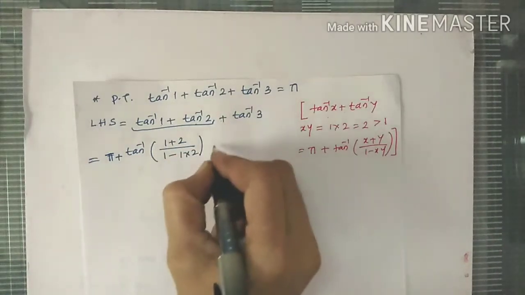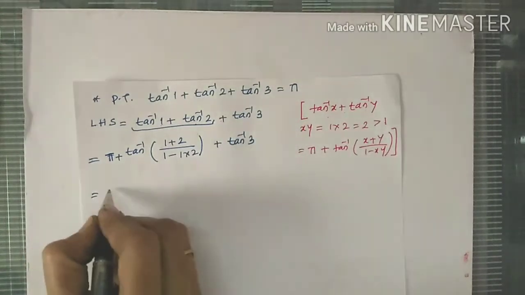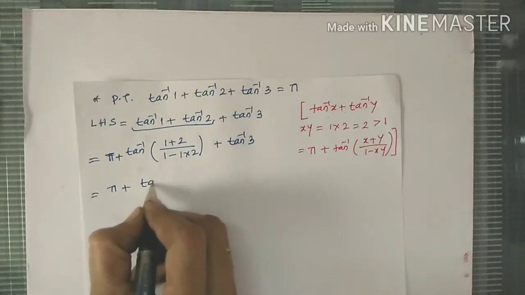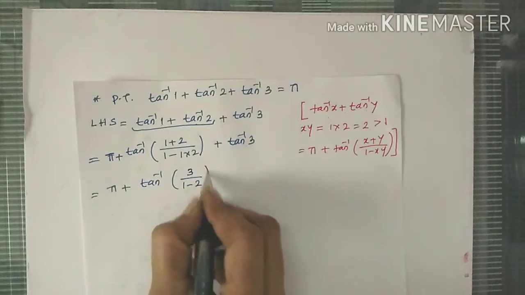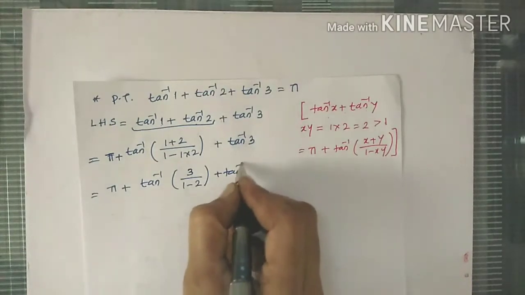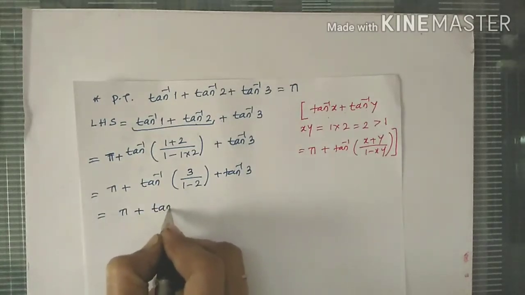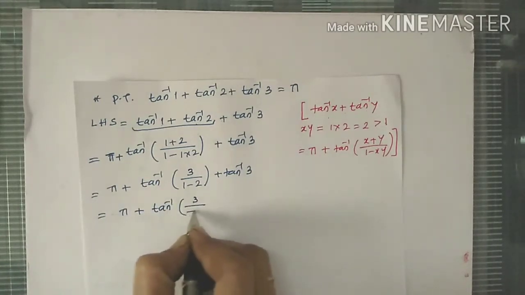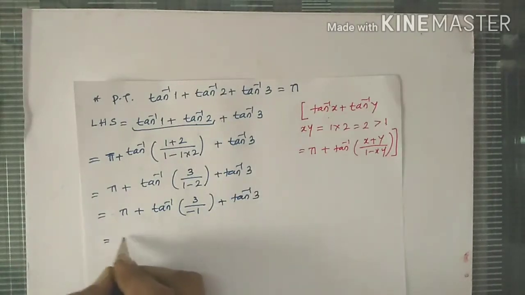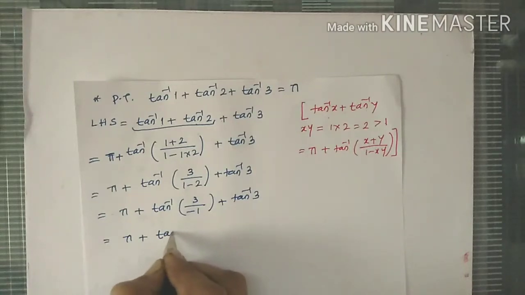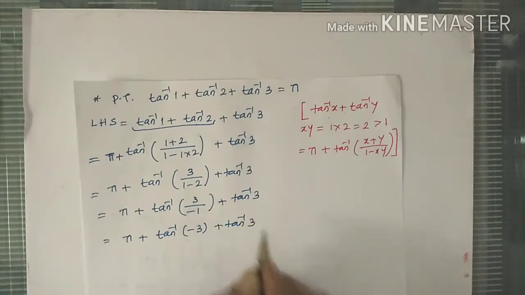We are adding these two terms, and the third term tan inverse of 3 is as it is. So that becomes pi plus tan inverse of (1 plus 2), that is 3, upon (1 minus 2), plus tan inverse of 3. So that is pi plus tan inverse of 3 upon minus 1 plus tan inverse of 3, so pi plus tan inverse of minus 3 plus tan inverse of 3.